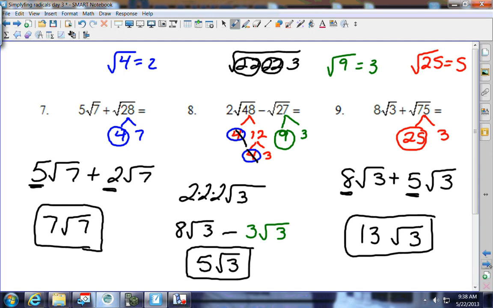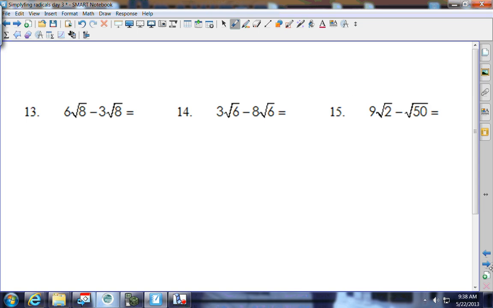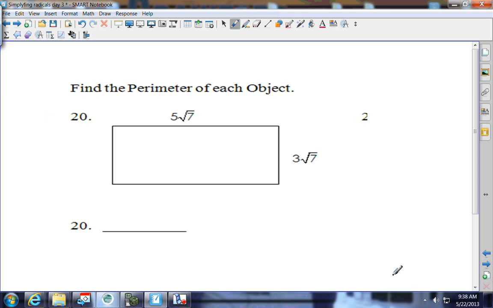Let's flip over to a second to number 20. It says find the perimeter of each object. What does perimeter tell you? What are you supposed to do with perimeter? Yeah, add all sides. Well, if this top side is 5 square root of 7, so is the bottom.